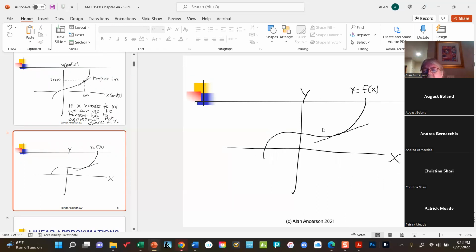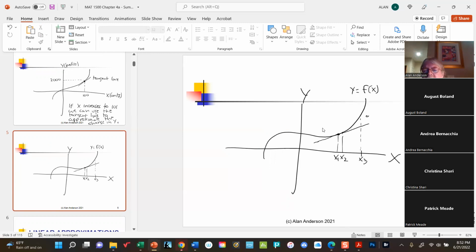So if I move from, let's say, here to here, x1 to x2, I should pretty much capture the impact on Y without too much difficulty. But if I move all the way up to x3, you can see that the actual function's value is way above what the tangent line would suggest.